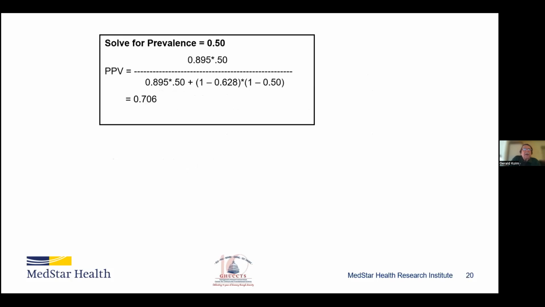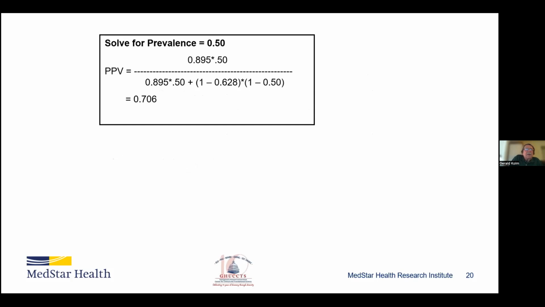And so using our Bayes' theorem, we can solve the equation for any particular prevalence that we think is applicable. For example, if the prevalence is 0.5 instead of 0.75, then we calculate our positive predictive value here and find that it's about 0.7.